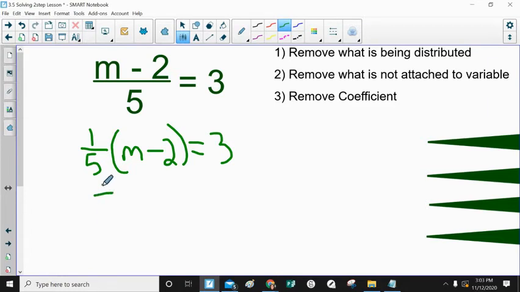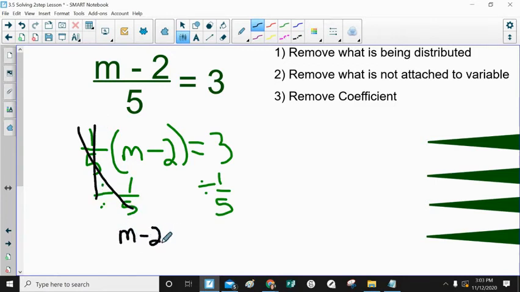If I divide both sides by 1/5, these cancel out, and I'm left with m minus 2 equals, well, when I divide with a fraction, I have to do keep, change, flip.